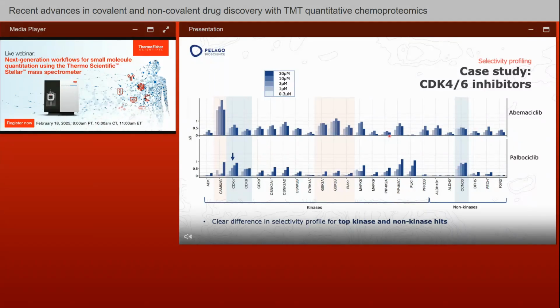We can also see some off-target kinases, mainly specific for abemaciclib in this case. We also see some other off-target kinases, and in this case it's specific for palbociclib and not for abemaciclib. We see a non-kinase, in this case specific for abemaciclib, nothing happens with the palbociclib. And we can do it in a very efficient and reproducible way.